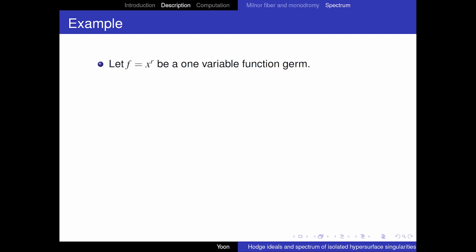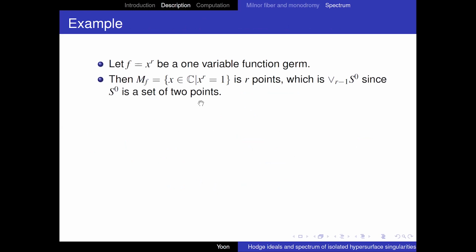We give an example. This is the simplest example, a one variable example. So f is x^r. Then the Milnor fiber would be r points, because x^r = 1 has r solutions. R points actually means a bouquet of spheres. Here the sphere has dimension 0. What is a zero dimensional sphere?